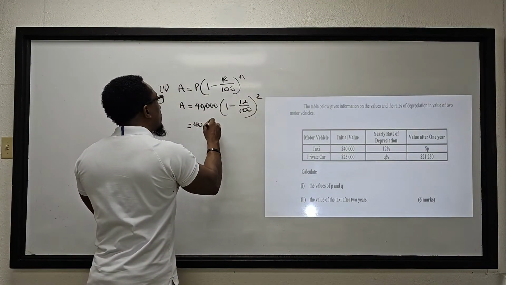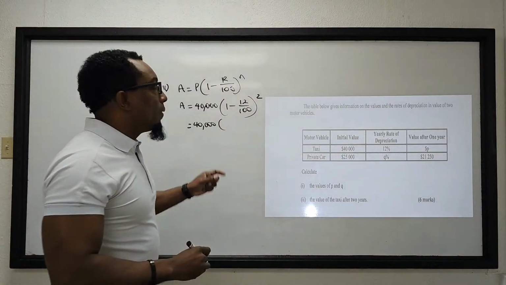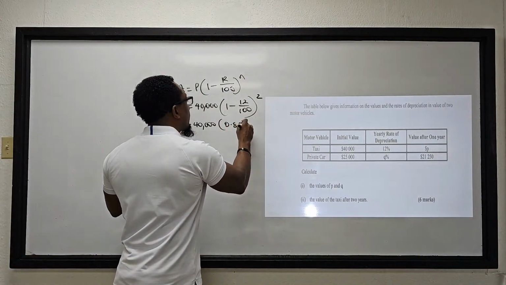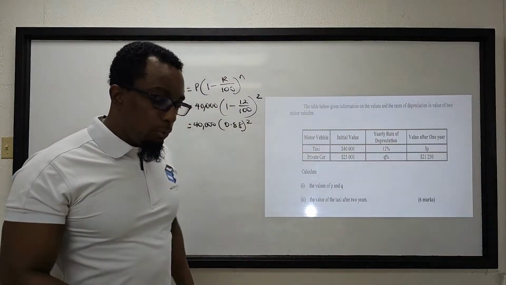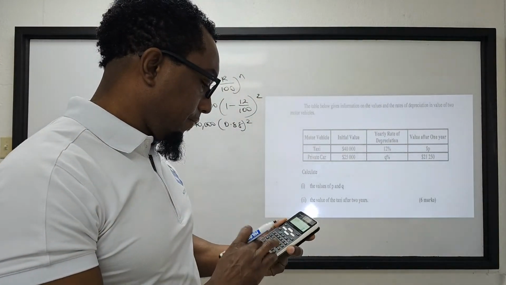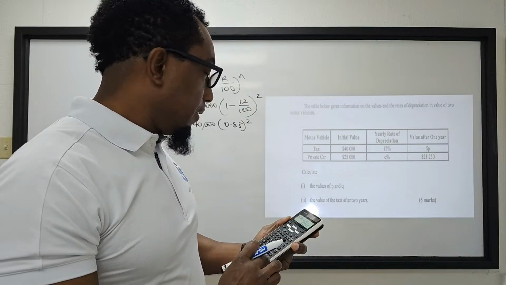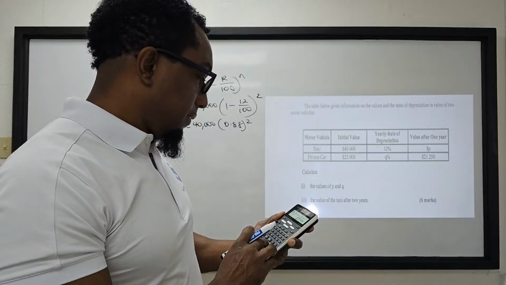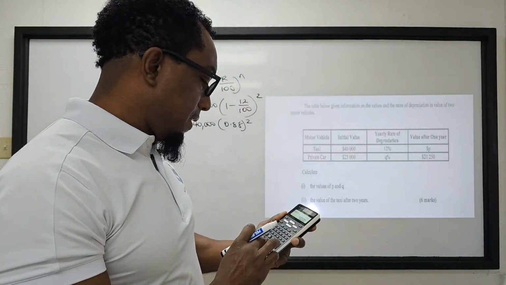This is 40,000 times 1 minus 12 over 100, which is 0.88, raised to the power of 2. So 0.88 squared will be 0.7744 times 40,000.